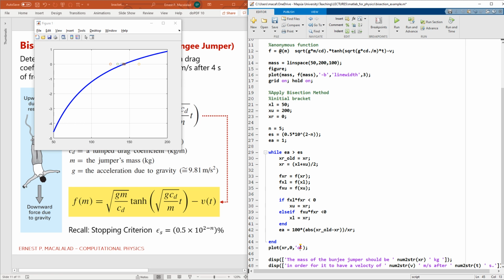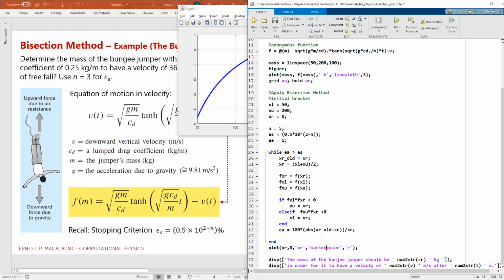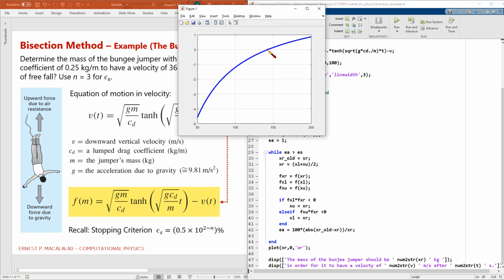Let's make it red, and let's say marker color is also red. Let's run. Sorry about that. So this should be color only. Just remove this one. That's okay. Let's run, and that is our result.